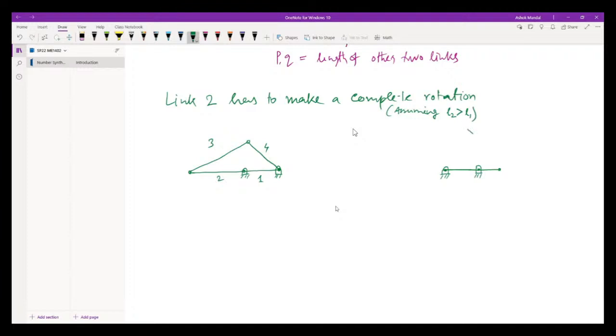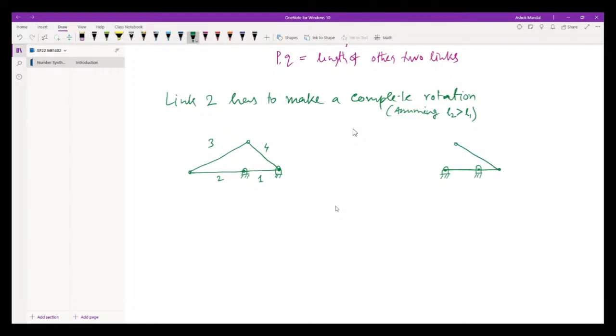So maybe link 3 is like this, or maybe link 3 is like this.